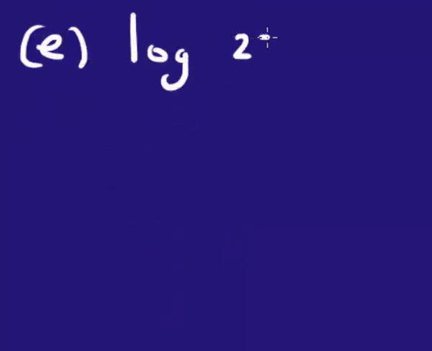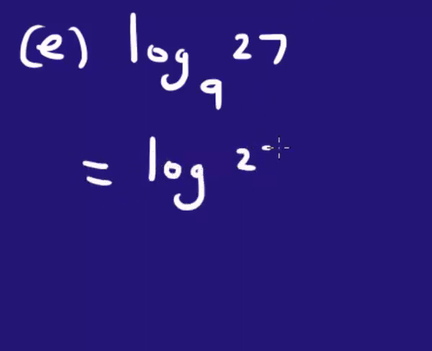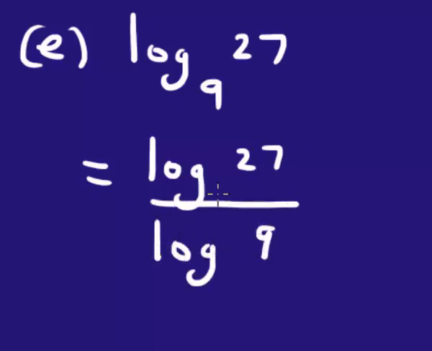The other one is the change of base rule. Again, they're not really going to test you on this, but I just thought I'd expose you a little bit to these rules. Log 27 to base 9. Well, you can't do much with the 27. 9 to the what is 27? But what we can do is change base. You can change to any base you want, and if we could, we would change to base 10.